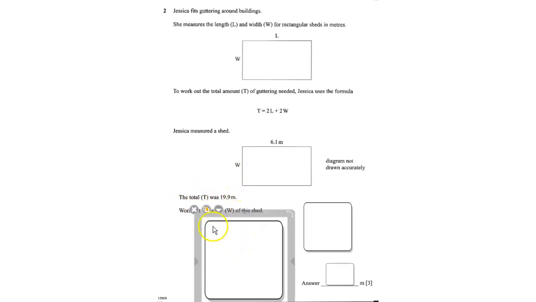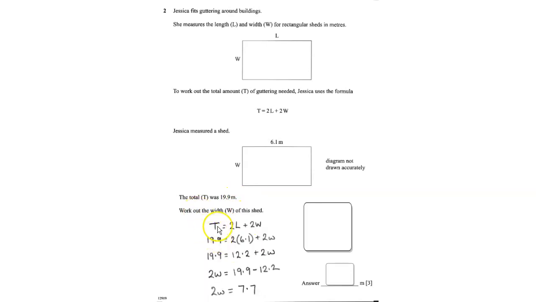So first of all, I've started with the formula, and we just fill in the values that we already know. We know the length is 6.1, so it's 2 times 6.1. We know what T is, so we substitute 19.9 in there. We multiply out the 2 times 6.1, which is 12.2.